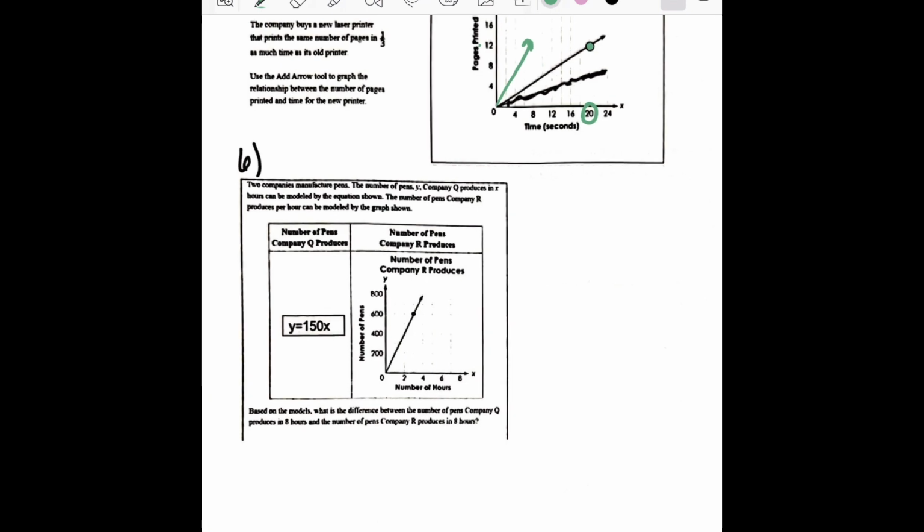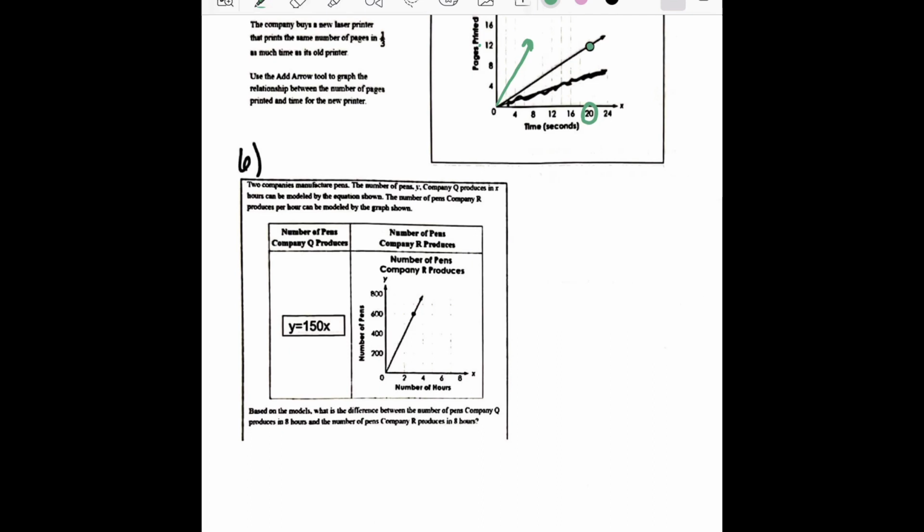The question is, based on the models, what is the difference between the number of pens company Q produces in 8 hours and the number of pens company R produces in 8 hours? So as you can see, we're going to be using the equation and the graph to figure out how many pens the companies are producing in 8 hours.